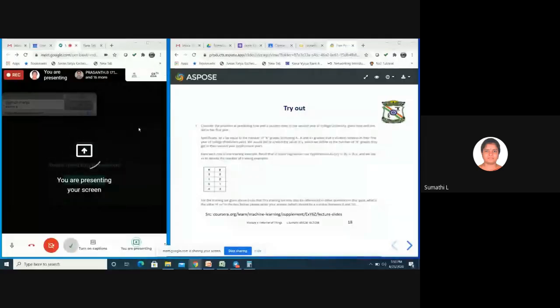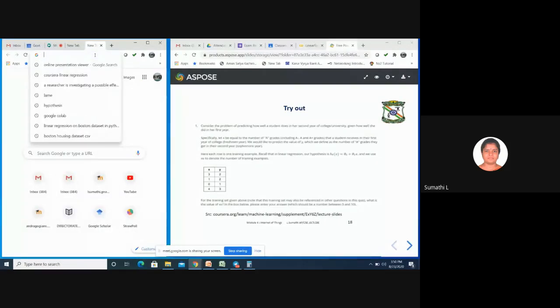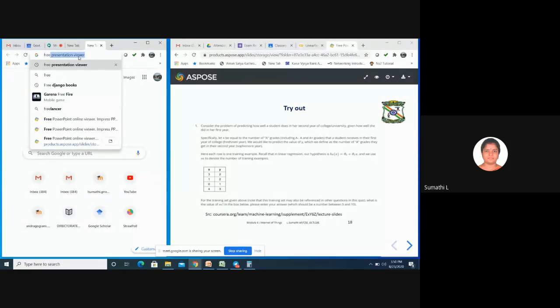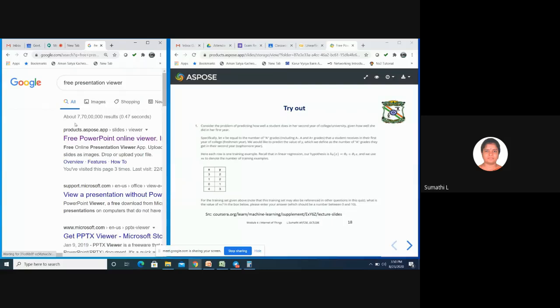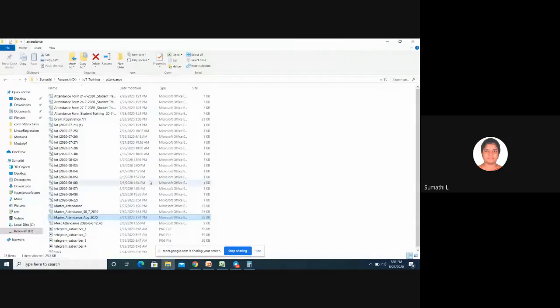Okay, now you will be able to see my entire screen. I will put the problems on both sides so that you are able to get it right.